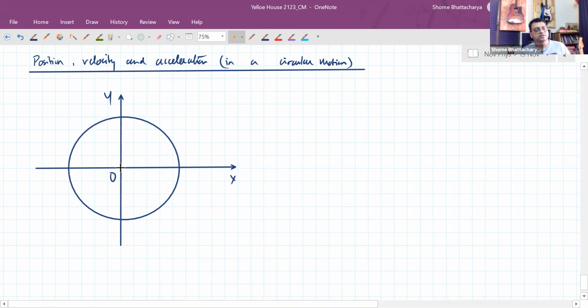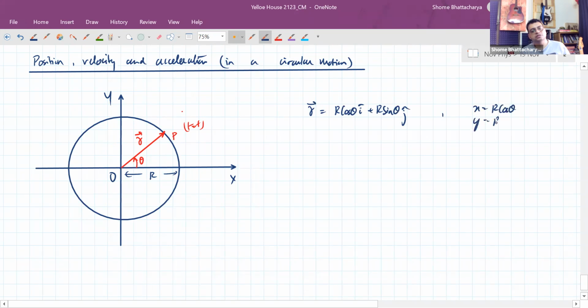So first of all, we'll see that if the position vector is r at some point of time, with the angular position of theta for that particle at time t equal to t, and the radius of the circle is capital R, then we can see that the position vector can be expressed as R cos theta i cap plus R sin theta j cap, because the x coordinate is R cos theta and the y coordinate is R sin theta.